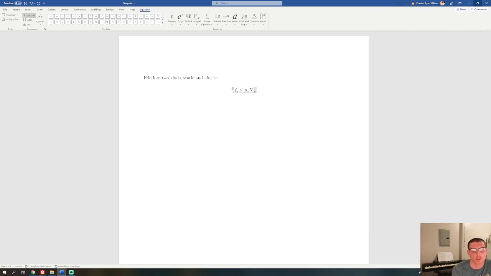And so it just looks like the force of static friction being less than or equal to a coefficient times the normal force on an object, right? So there's that. We'll talk more about this in a couple seconds here, but let's also just put down that kinetic friction, right, is going to be given by the kinetic coefficient times the normal force.